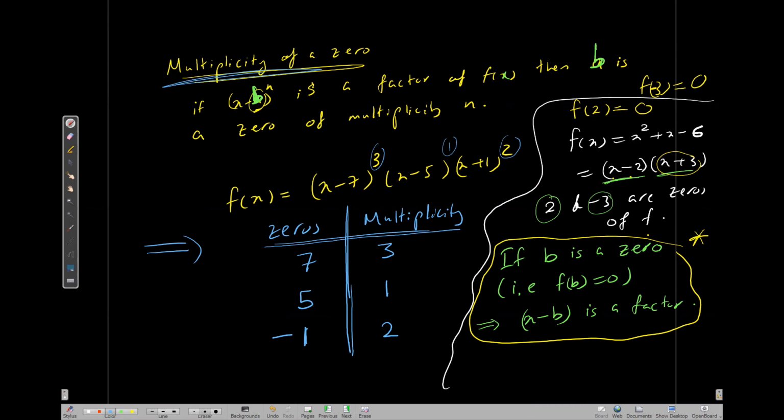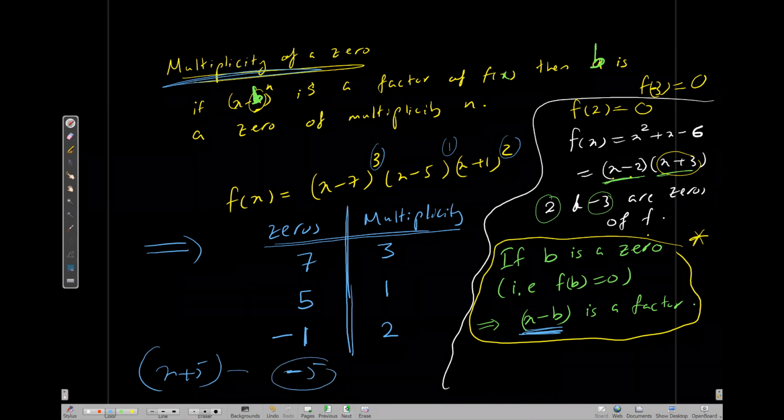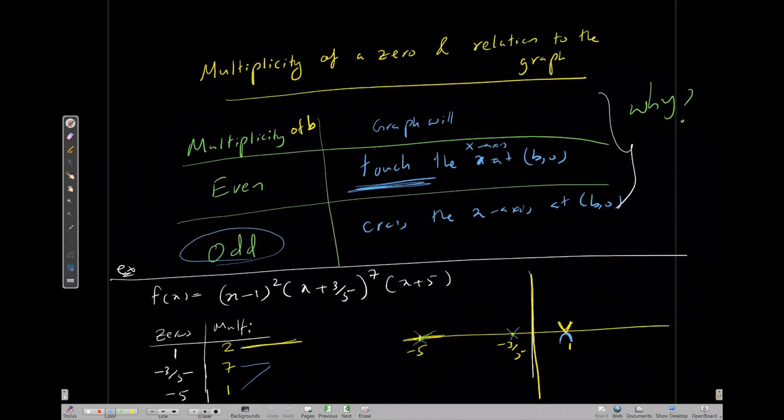And if x minus b is a factor, b is always a 0. So remember, for example, if you have a factor like x plus 5, the 0 is negative 5, not positive 5. And depending on the nature of that multiplicity, if it is even, it touches. If it is odd, it crosses. Now this is really helpful.